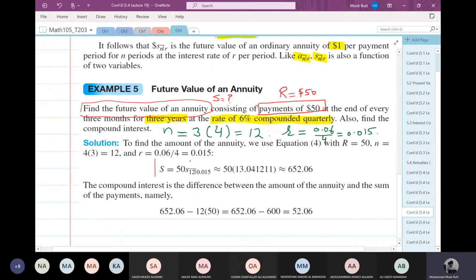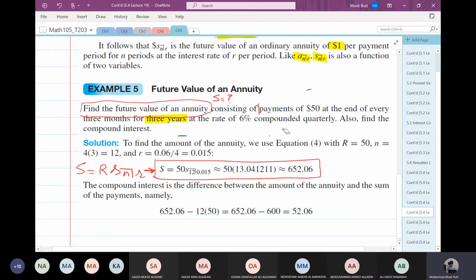Here, thus, S is equal to R into S n angle R. So what is R here? 50. Agree?